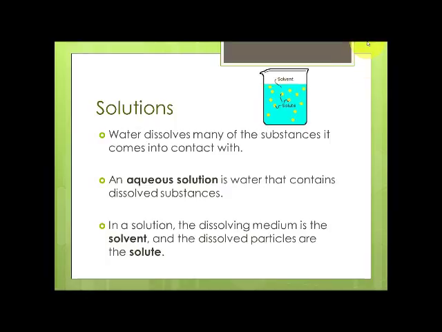If you look at the top beaker, we have water up there, where the blue would be the water, and that's the solvent, what's doing the dissolving, and the solute is the particles that are being broken up or dissolved to make the solution. And we use solutions a lot in chemistry.